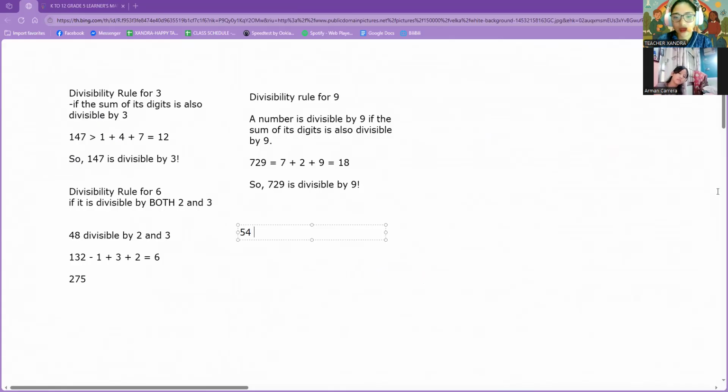The number 54: is it divisible by 3, 6, and 9? Could you please check?